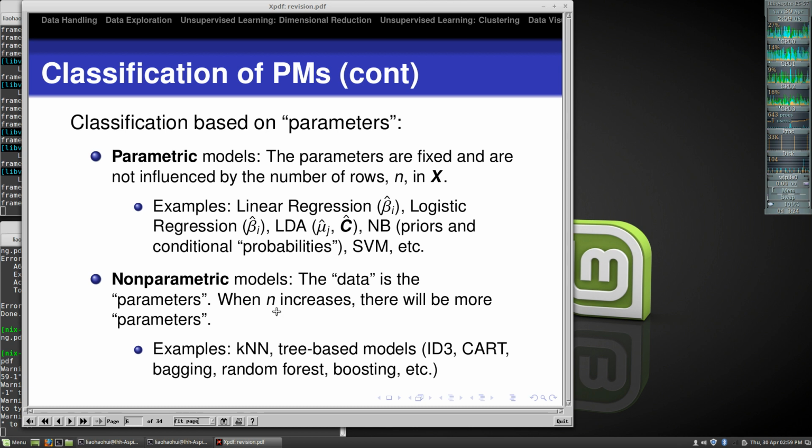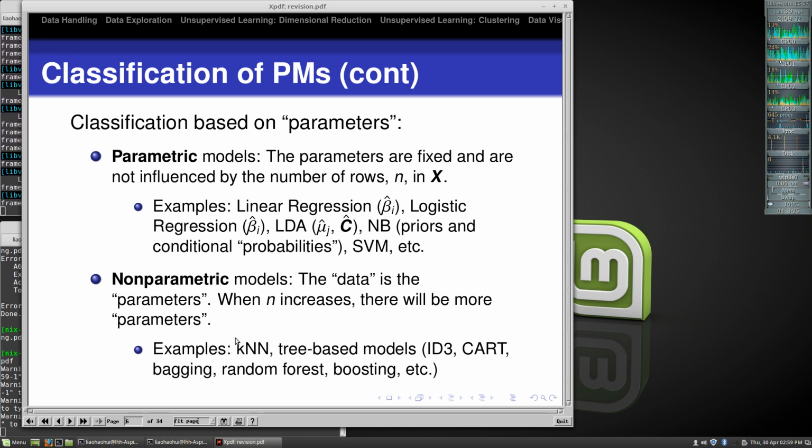So what does that mean? It means that as we give it more training data, the model will have more values in it. Suddenly the data is the parameter, and normally we call these kinds of models non-parametric models.